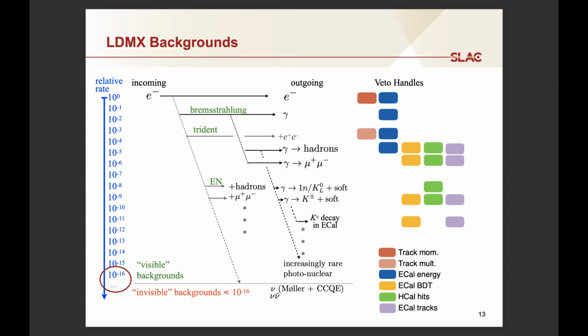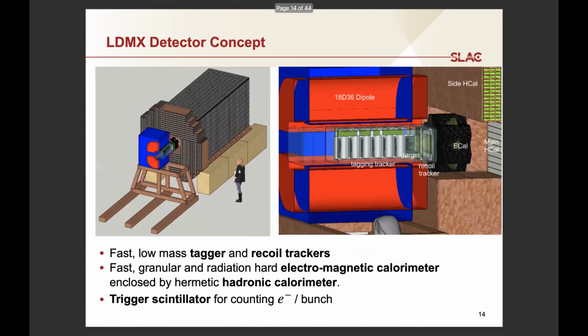And then whatever is visible is going to reach 10 to the minus 16. So we have to be very careful with the combined tracker and calorimeter to remove everything down to 10 to the minus 16, in order to be at the same level as the invisible background where neutrinos are produced. There are different veto handles that can do that. One is, of course, tracking, and the other one is going to be related to the calorimeter. I'm going to talk a little bit later about that.